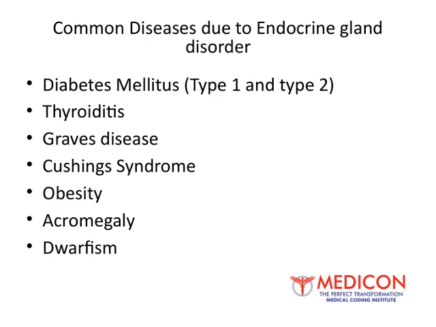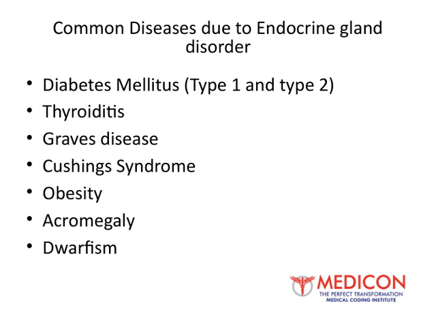Then there's acromegaly, which results from excess growth hormone, usually due to a pituitary tumor. It causes abnormal growth of bones and tissues, leading to enlarged hands, feet, and facial features. Lastly, dwarfism, especially when caused by growth hormone deficiency, results in significantly shorter stature.